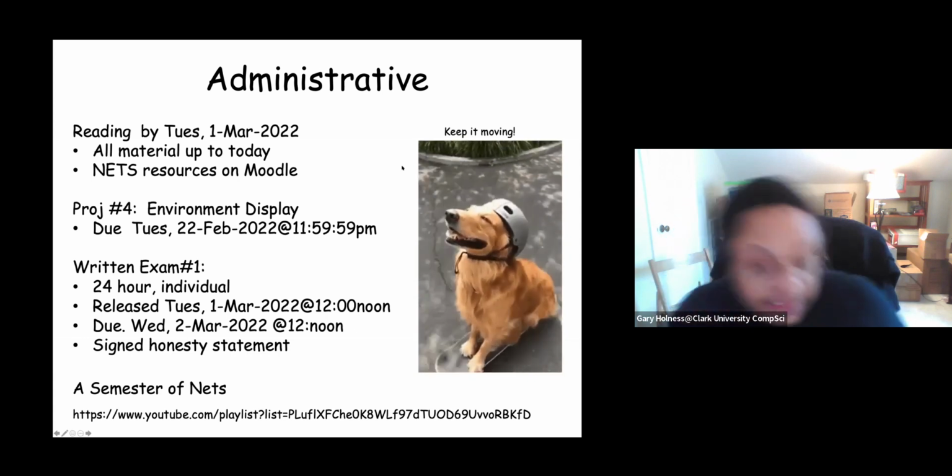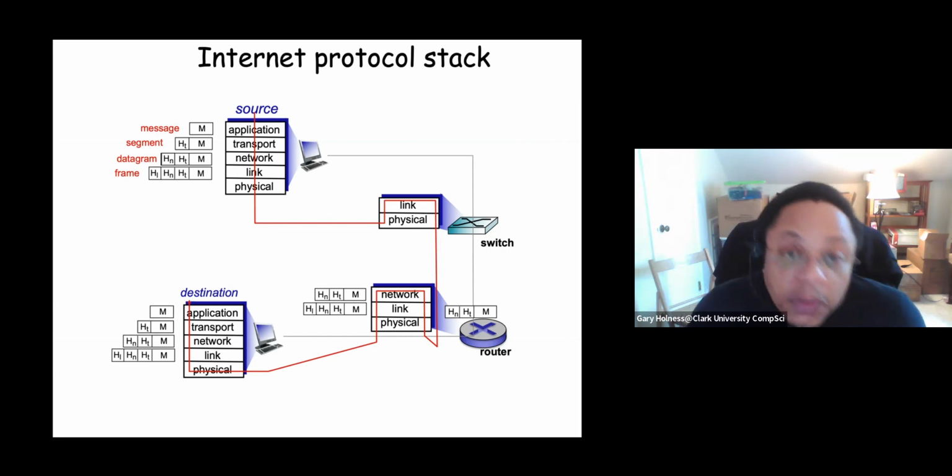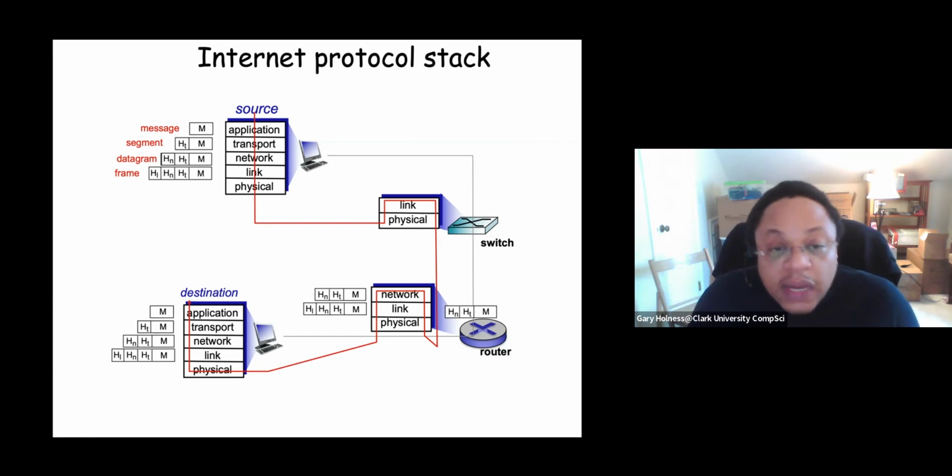Let's see. All right, so why don't we get started? So when we last left off, we talked about the internet protocol stack, and we talked about the components that collectively comprise this thing we call the internet. And from a software engineering perspective, to manage this complexity, the major categories of behavior, if you will, are divided up into so-called layers.